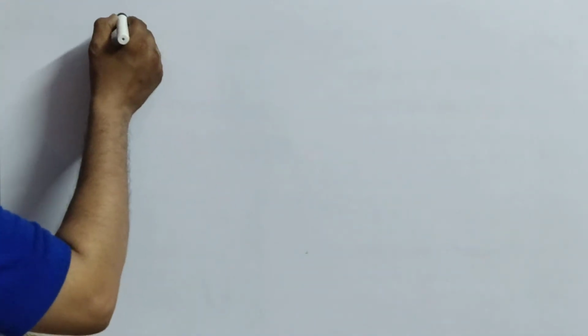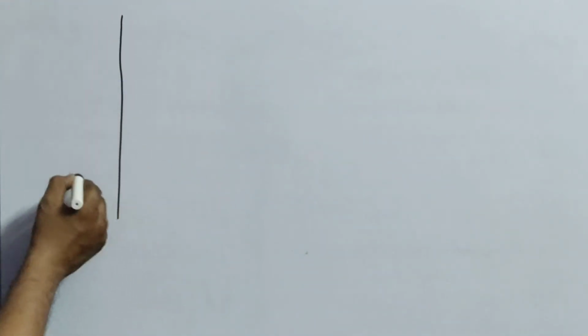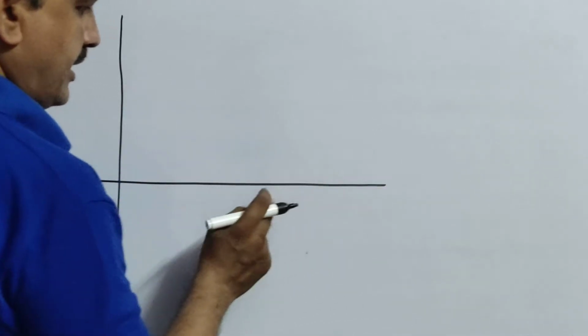What to do, as I told you, I'll just explain how to draw the graph, and I'll send you the key, that means the answer graph. Just go through it and draw the graph also. See here, first draw the x-axis and y-axis.